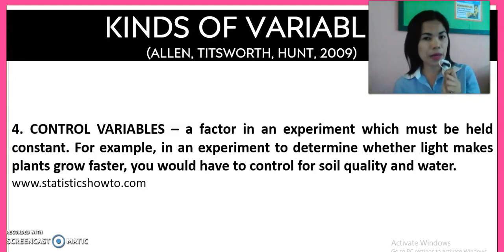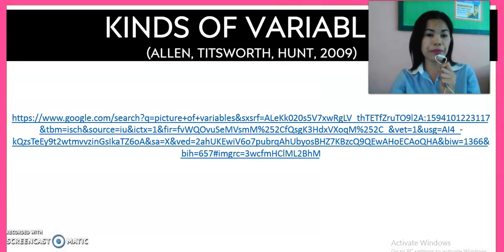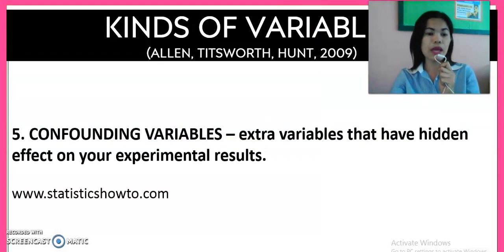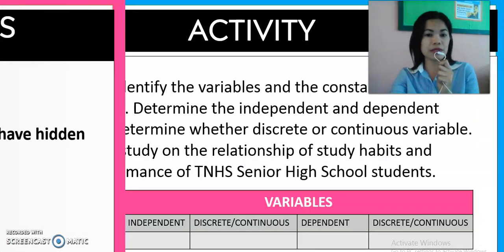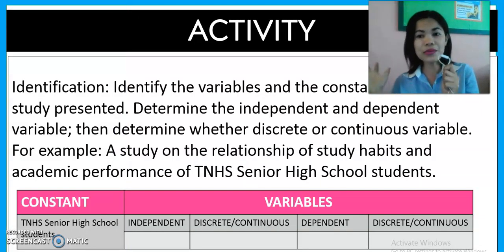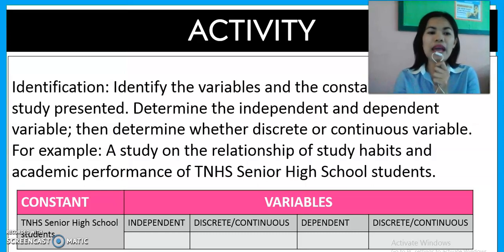In experimental research, you should have control variables that you control in order to come up with the results that you're looking for. Then confounding variables, extra variables that have a hidden effect on your experimental results. So these are just extra variables. Alright, we're done. Now let's go to the activity.